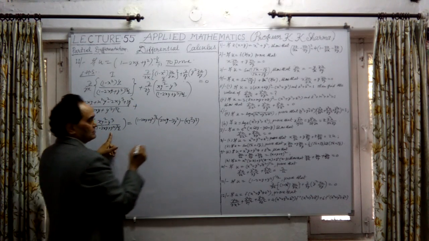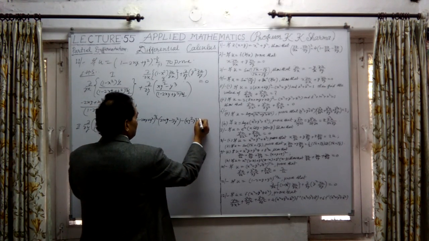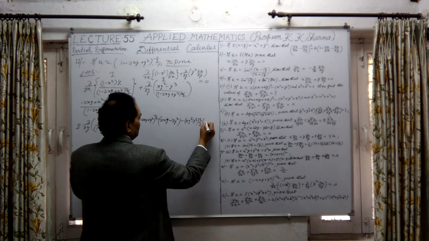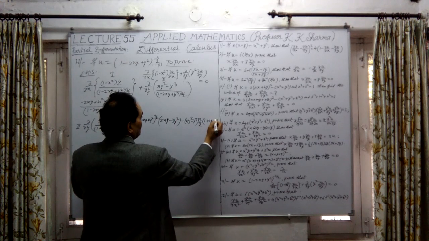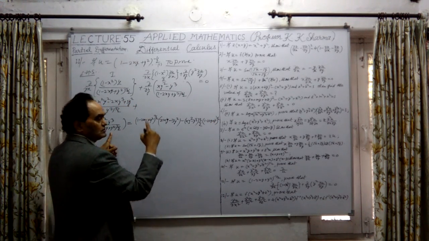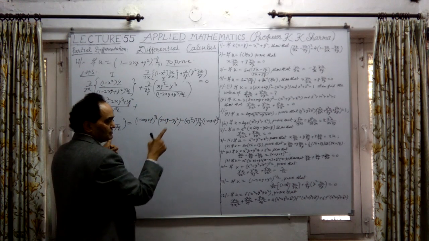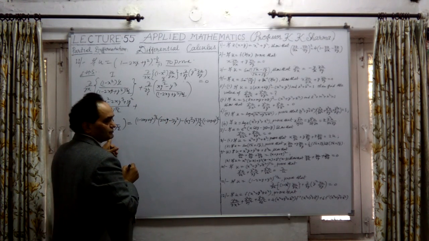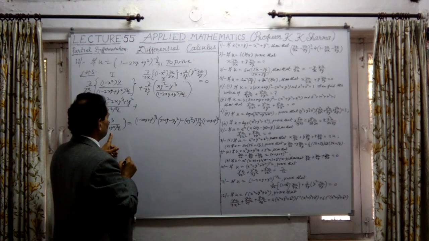Differentiation of the denominator: let me take 3 by 2 into (1 minus twice xy plus y square) whole power half. The power was 3 by 2 before, and 3 by 2 minus 1 is the new power, that means 1 upon 2.